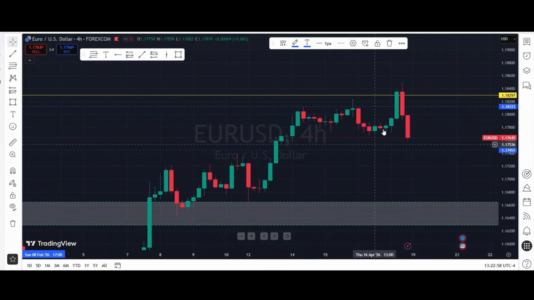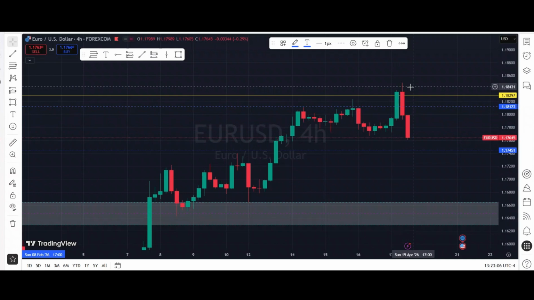You want to see price at least give us a shift in the structure of the market, or probably go up a little bit. I don't want to see price going up a little bit because it has already done that before the week closes.